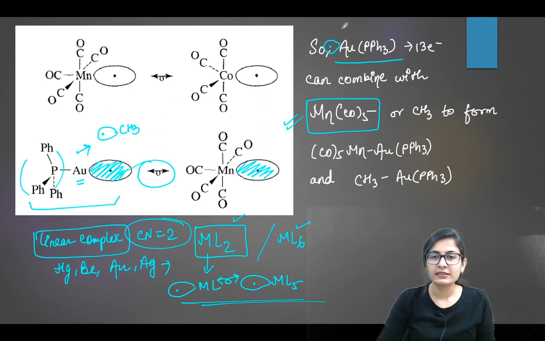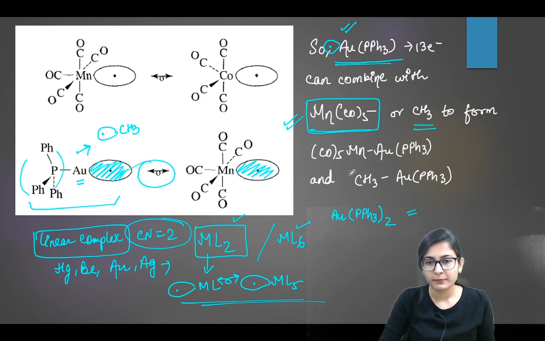I can replace an isolobal fragment of gold like this with manganese pentacarbonyl, or I can also replace it with a methyl. I hope that you understand the point that all of these are isolobal. So similarly, just like gold forms a complex like this, it can also form a complex in this manner with a methyl attached.